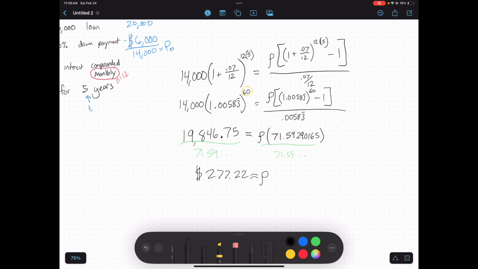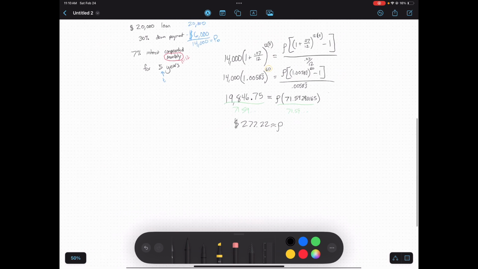And that is my monthly payment. That's what you're going to end up paying every month. Okay, any questions? If you're curious about where I got the 71.5929, that's just from doing 1.00583 raised to the 60th power minus 1. You can plug all that into a calculator and then divide that by 0.00583.